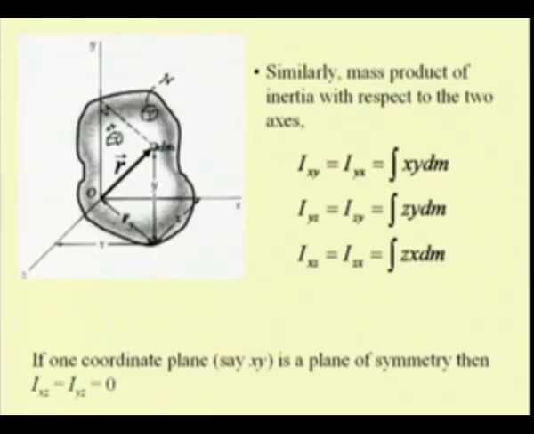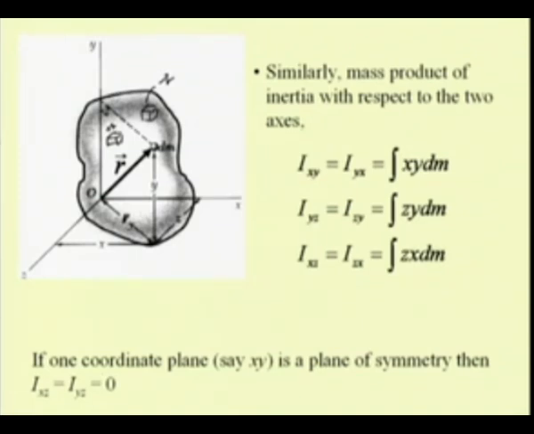So the sum of these two becomes 0, and thus these two quantities, Ixz as well as Iyz, become 0.